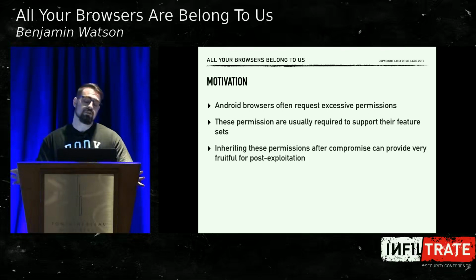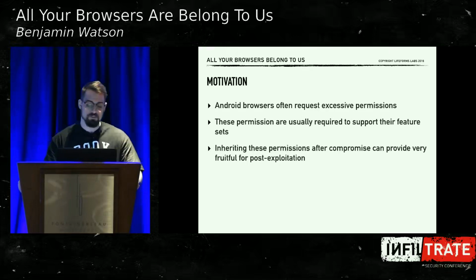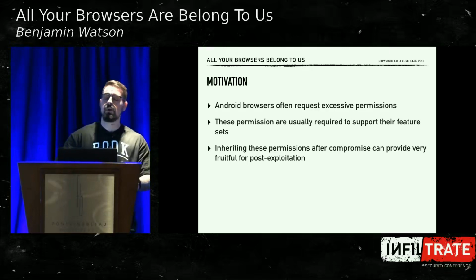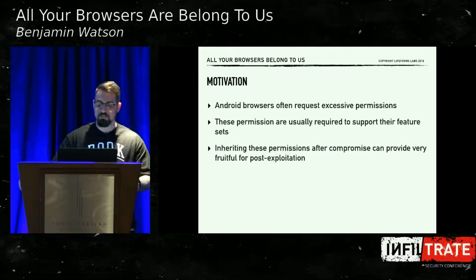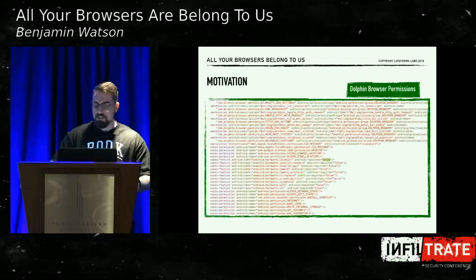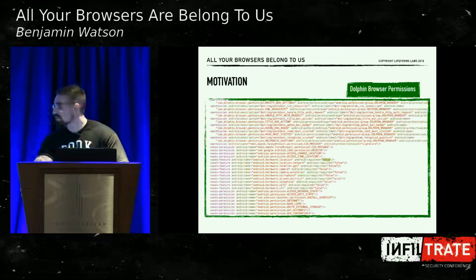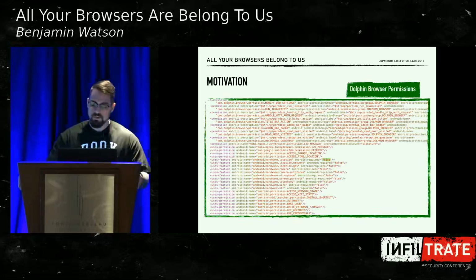Android browsers also request very excessive permissions, especially the alternative browsers, to support a lot of different features. Now, if you're able to execute code inside the context of a browser that's requested a lot of permissions, that's very fruitful in terms of post-exploitation, in terms of what you're able to get access to from a data perspective. Here is a snippet of the Dolphin web browser for Android's permissions.